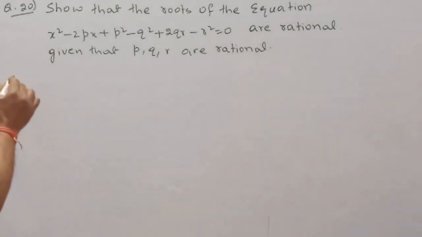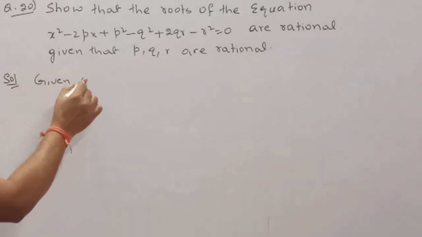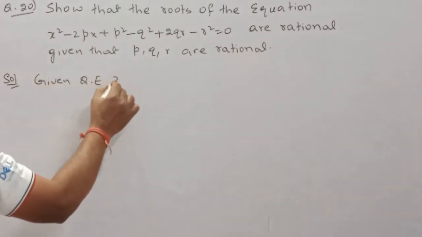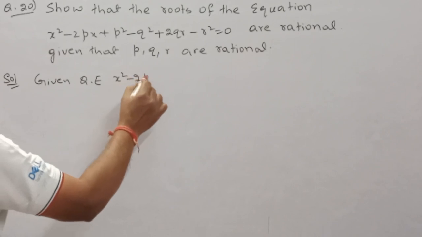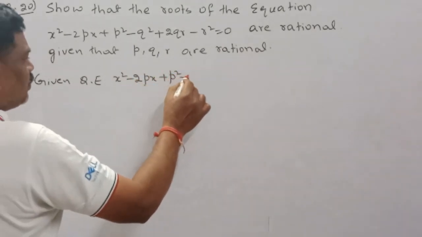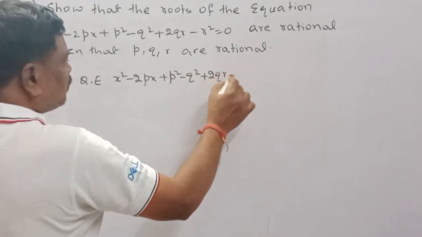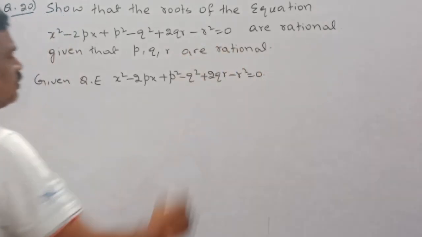Okay, all of you. Here we have this given quadratic equation x square minus 2px plus p square minus q square plus 2qr minus r square equal to 0.